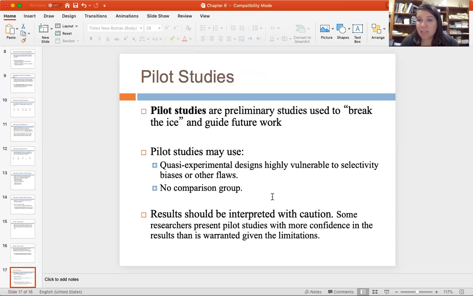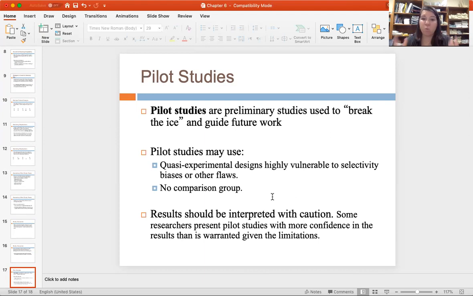Pilot studies are another form of quasi-experimental design. They are probably one of the lowest on the research hierarchy. They're used as breaking the ice and guiding future research. There's no comparison group.